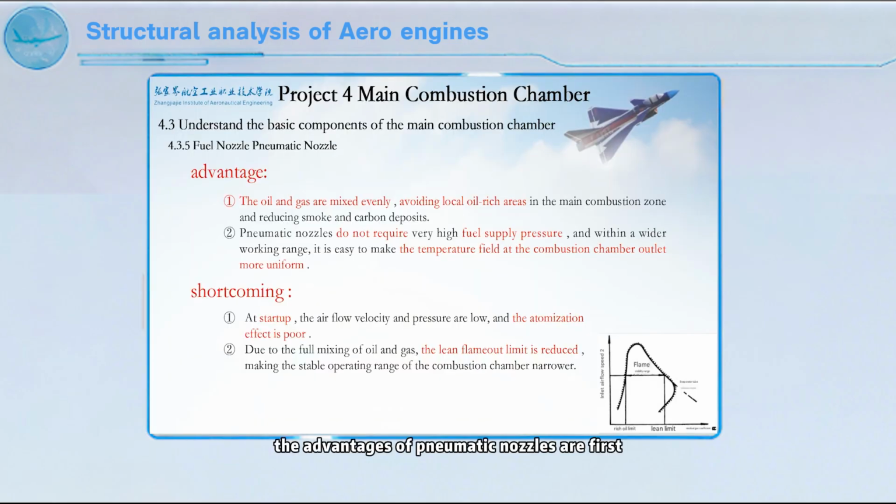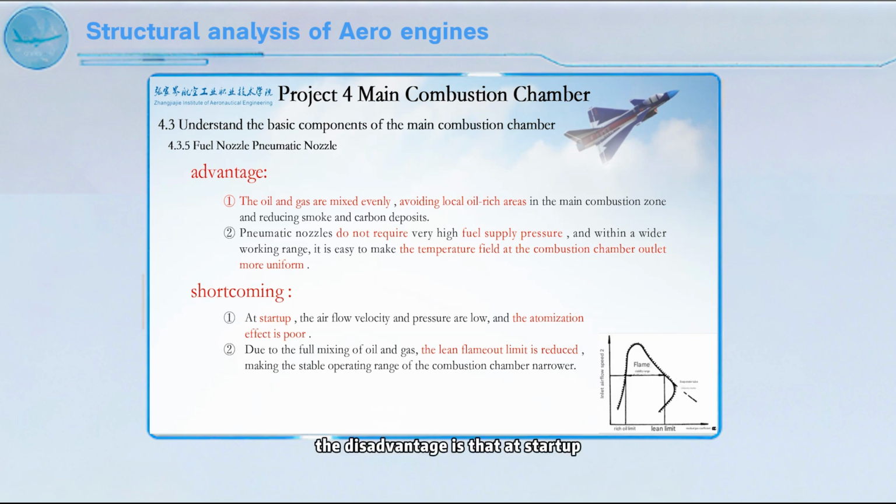The advantages of pneumatic nozzles are, first, the oil and gas are mixed evenly, avoiding local oil-rich areas in the main combustion zone, reducing smoke and carbon deposition. Second, pneumatic nozzles do not require very high oil supply pressure, and in a wider working range, it is easy to make the combustion chamber outlet temperature field distribution more uniform.